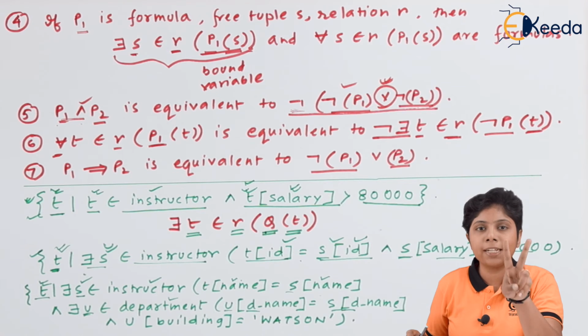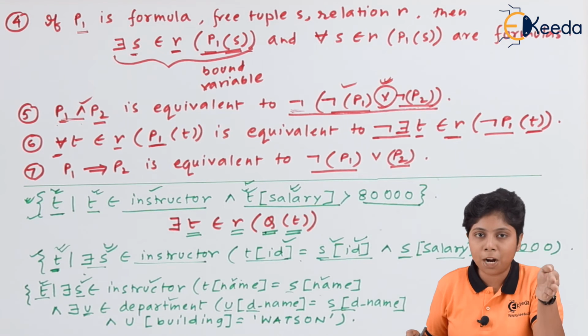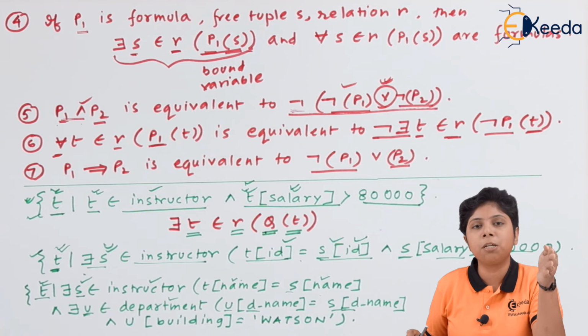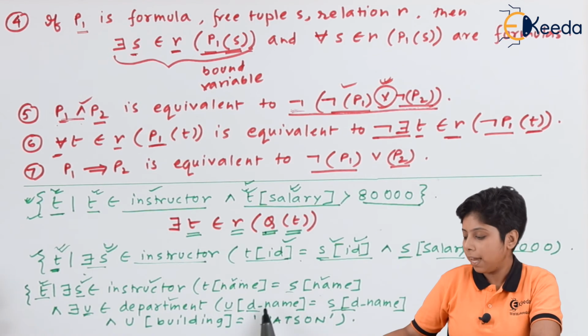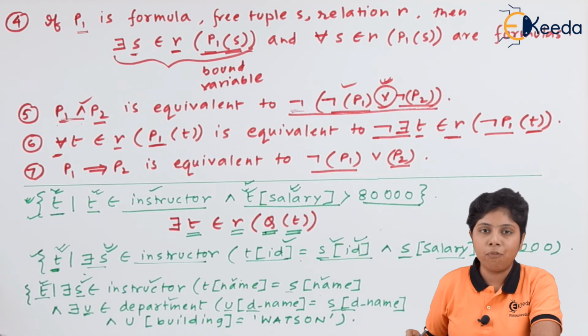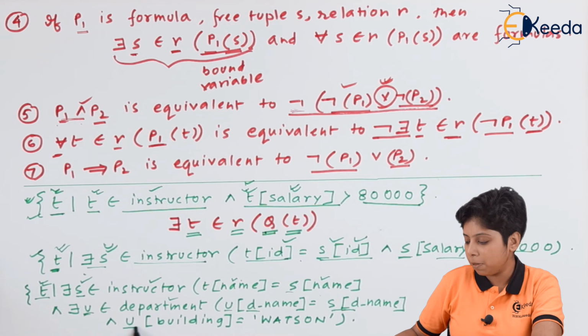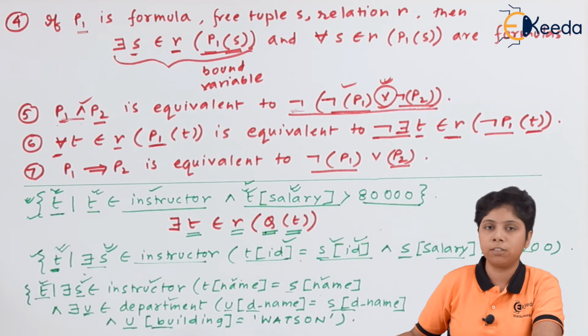So to check that the instructor's department also belongs to that particular department relation, S.dept_name is equal to the dept_name attribute of U. And finally the important predicate is that the variable U has an attribute building with the value Watson.